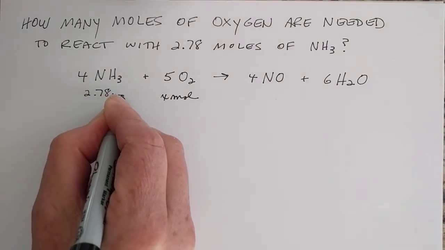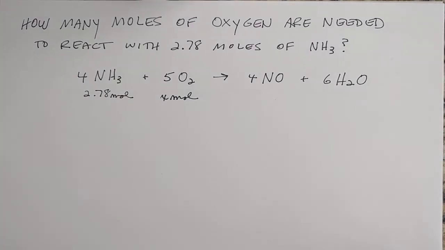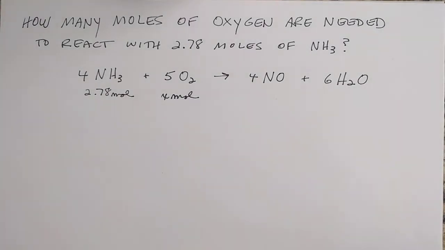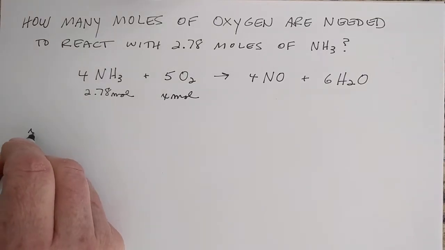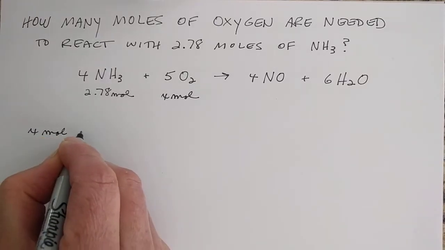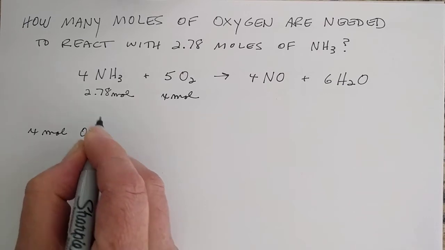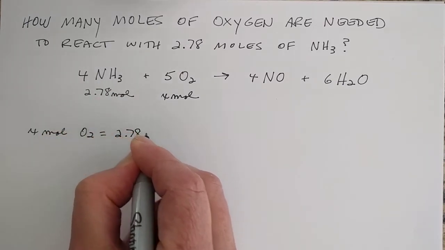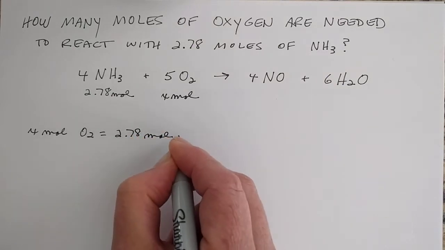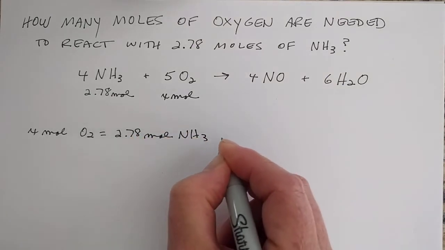2.78 moles. Now, I'm just going to do this problem using dimensional analysis. So start with your X moles of O2, set that equal to your quantity of interest, which is 2.78 moles of NH3.